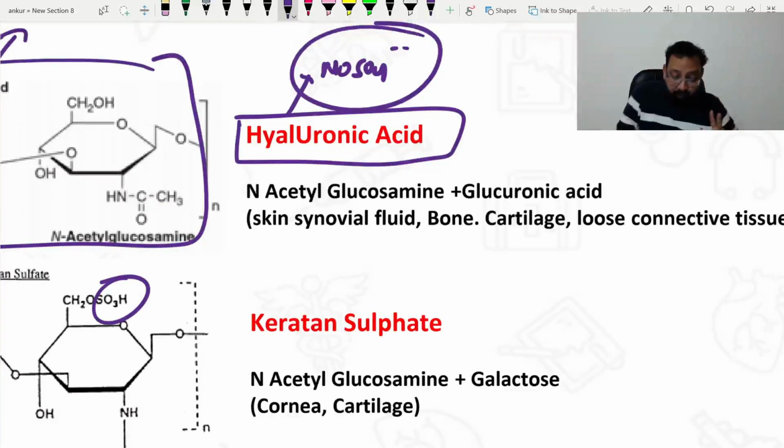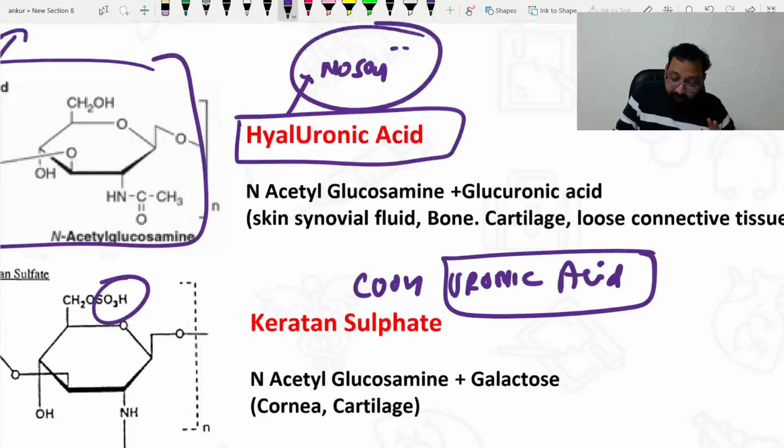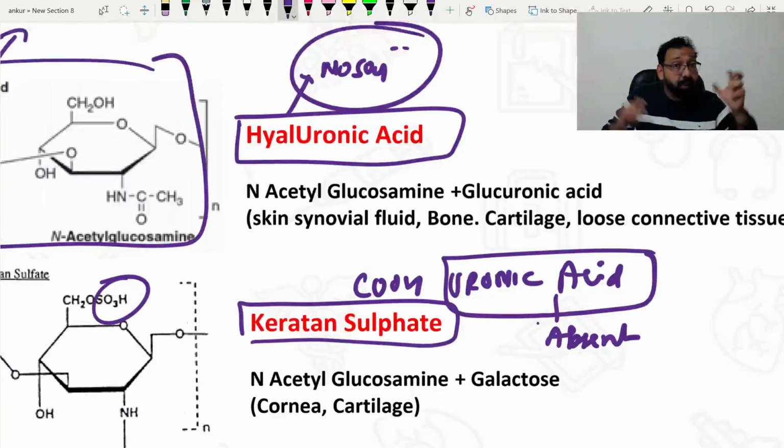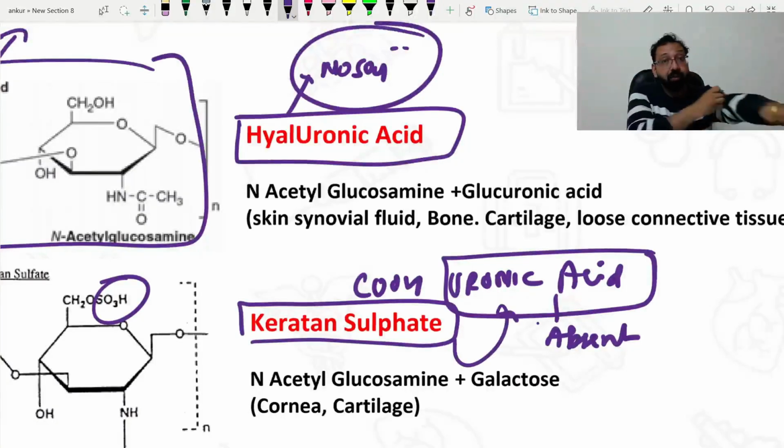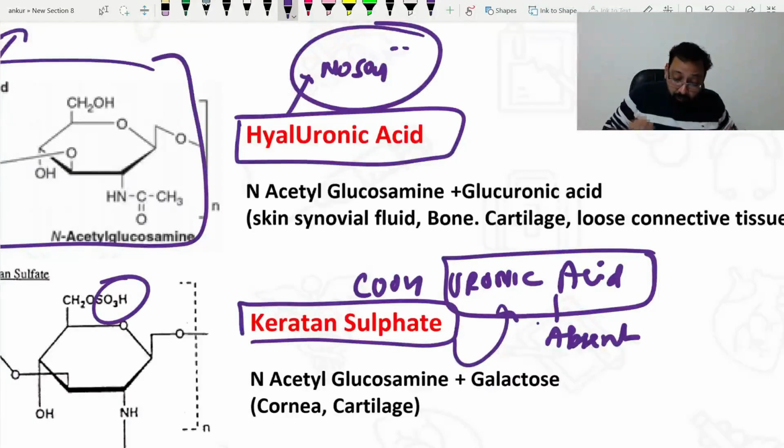Second thing, you will search for COOH, uronic acid, or simply acid. If acid is absent, then it is keratan sulfate. Keratan sulfate has no uronic acid.